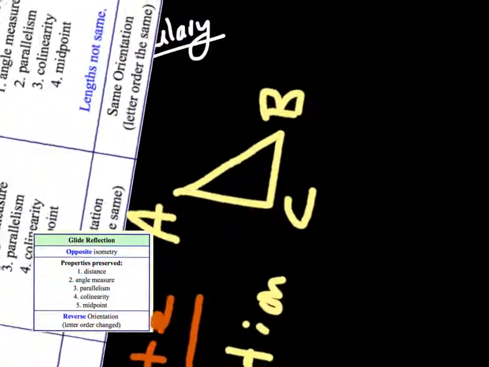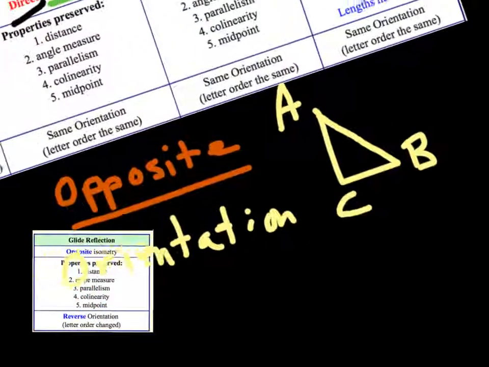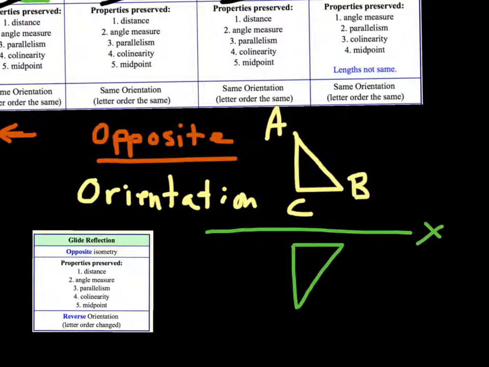If I did a rotation, the order is still the same, A, B, C. The only time it would not be the same is if I did some sort of reflection. So if I reflected the triangle, let's say over the x-axis, now if I trace over clockwise my letters, I get A to C to B. The orientation has changed.